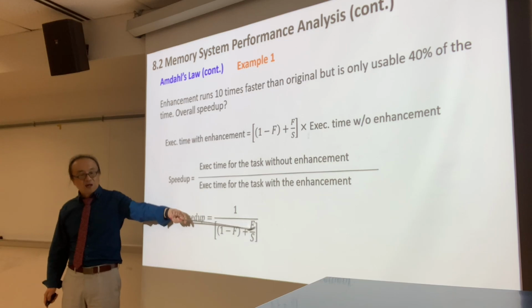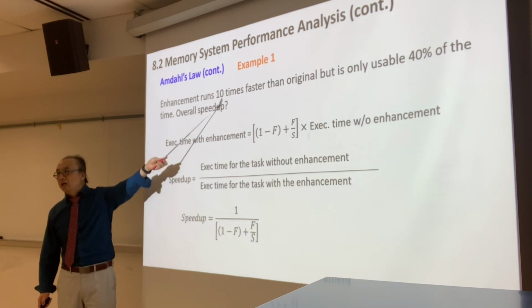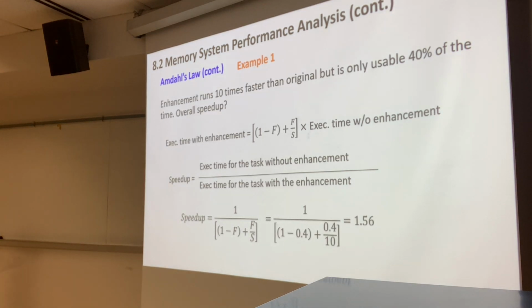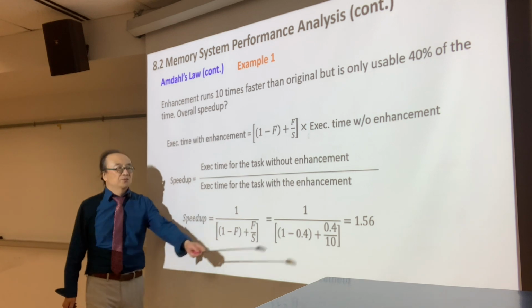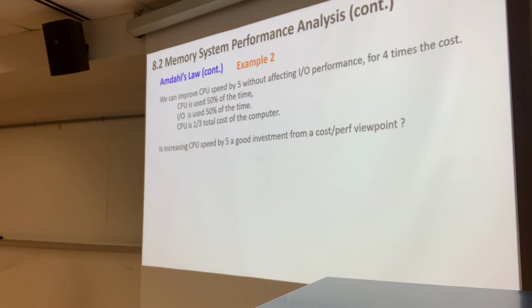So the F value is going to be 0.4. And the factor 10 times, that's the S. So when you plug those numbers in, 1 over (1 minus 0.4 plus 0.4 over 10), we get 1.56, that's the overall speed up.